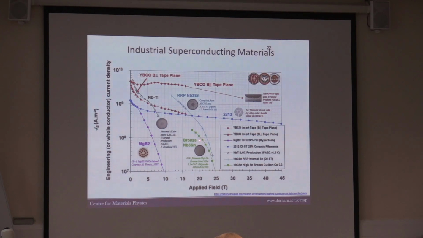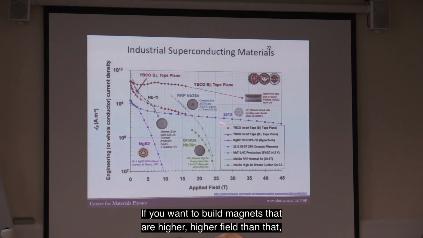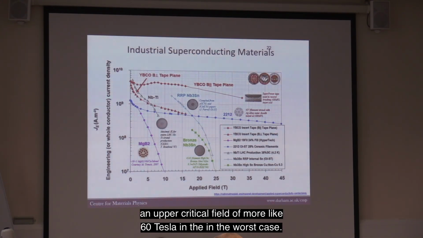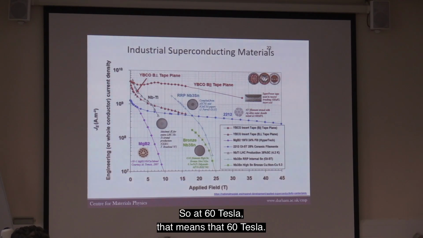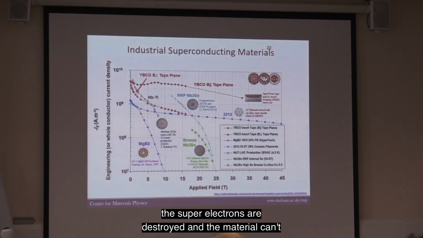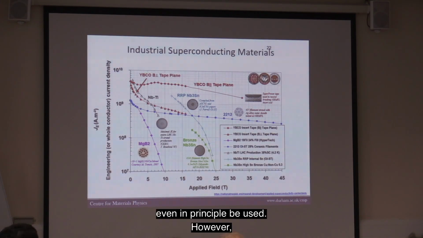If you want higher field magnets than that, you have to go to the high temperature superconductors that have an upper critical field of more like 60 Tesla in the worst case. Above 60 Tesla, the superelectrons are destroyed and the material can't, even in principle, be used.